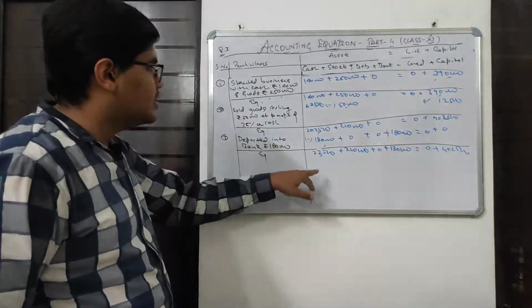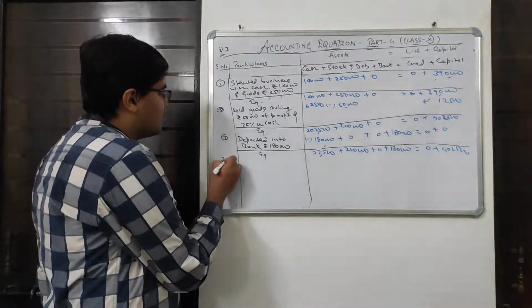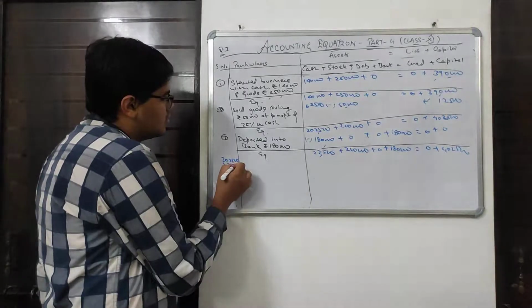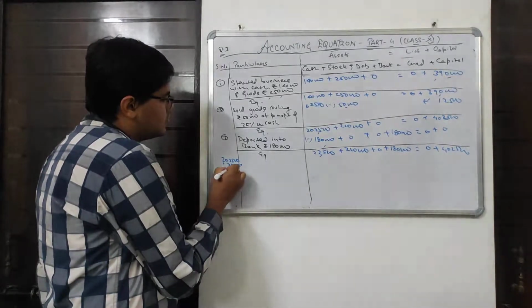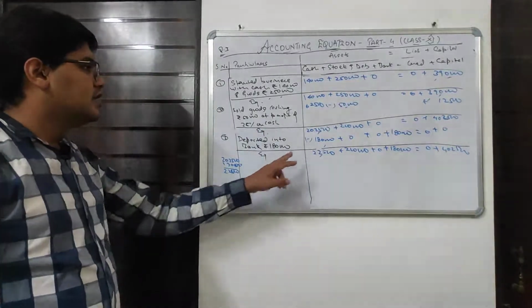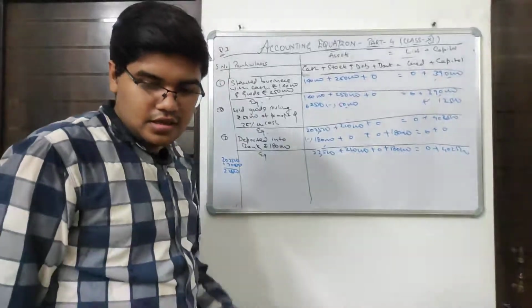Let me see whether it is right or not. Yes, our equation is balanced. Here the amount is correct. Now moving on to our last transaction.